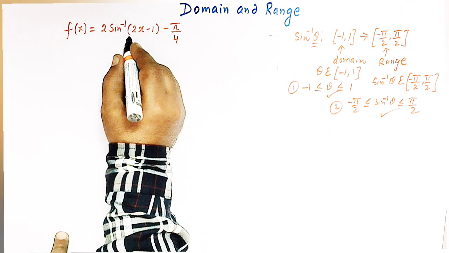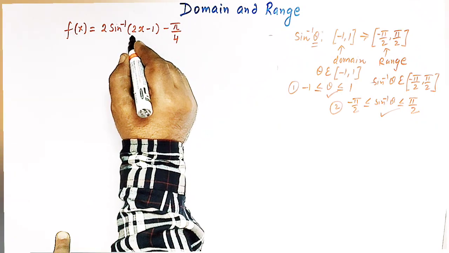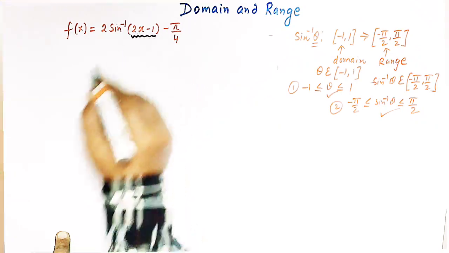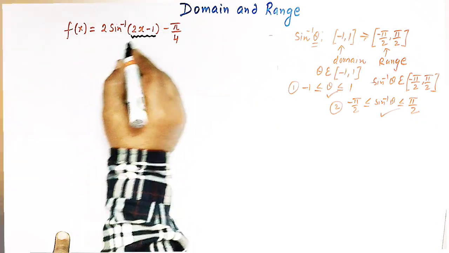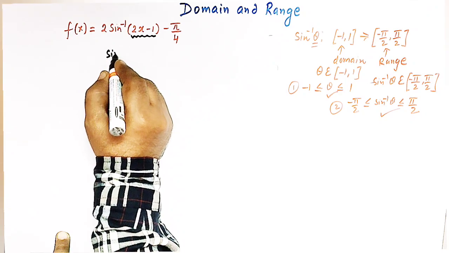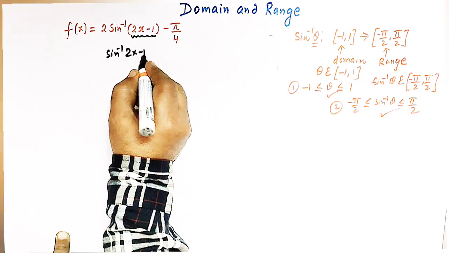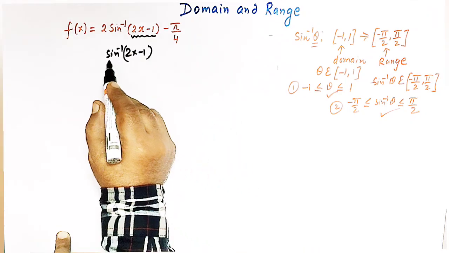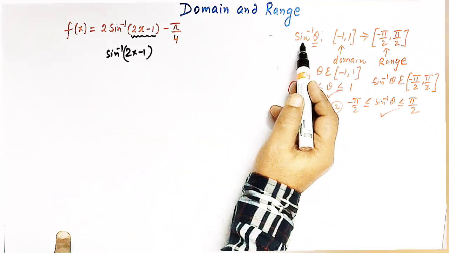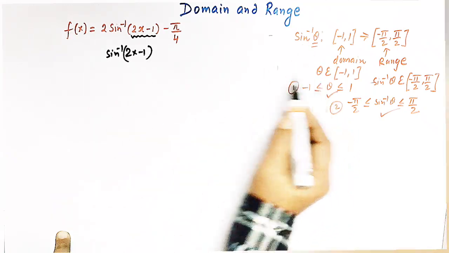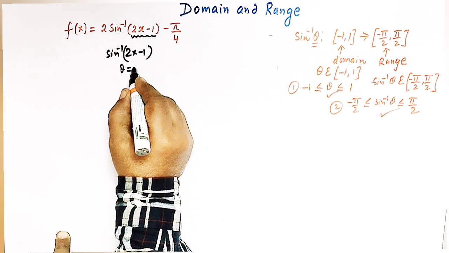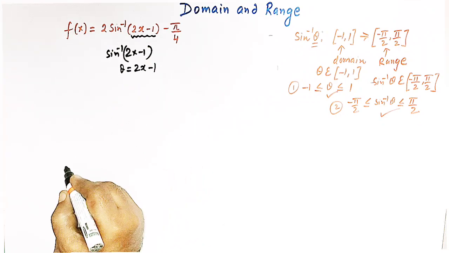So now to get the domain of this function, let us start with this expression, right? See, here we have sine inverse of 2x minus 1. So if we compare this function with this one, then theta is given by 2x minus 1, right?